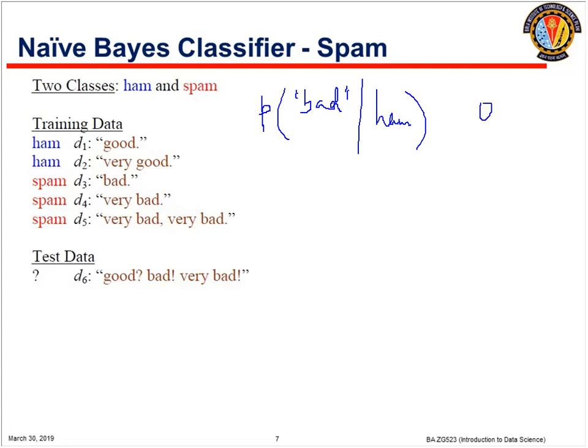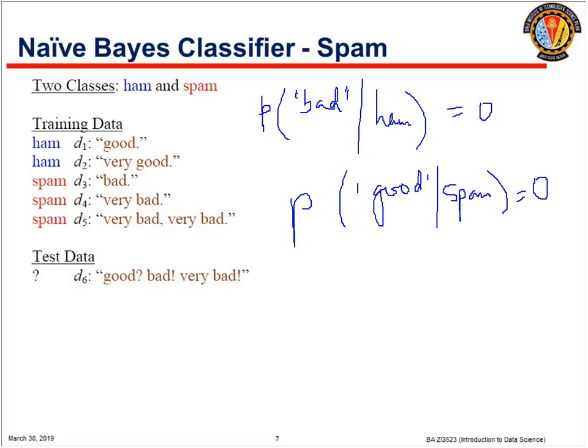Similarly, the probability of good, given that the document is spam, is also 0, because good is not present in any of the spam documents. If any of these becomes 0, then when you create the model based on the naive Bayes classifier, the entire probability becomes 0 because of one missing word.